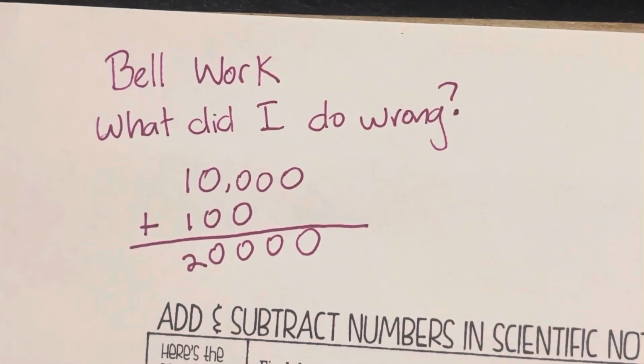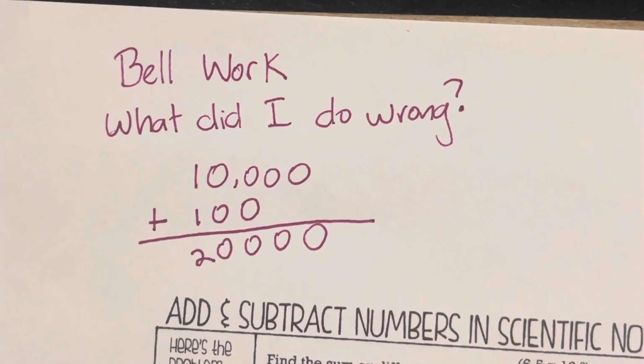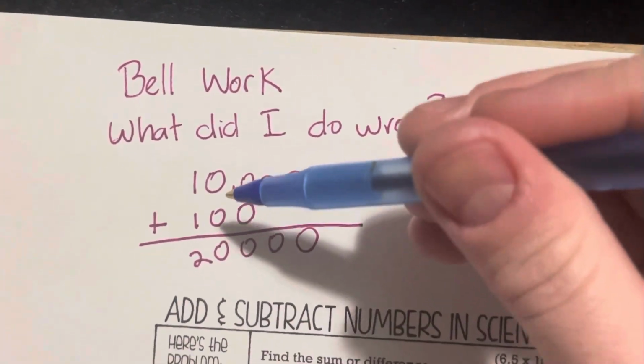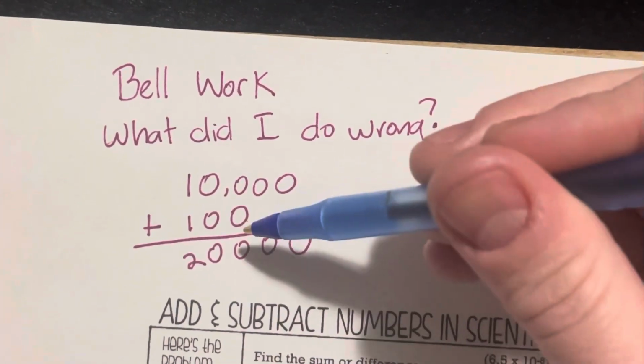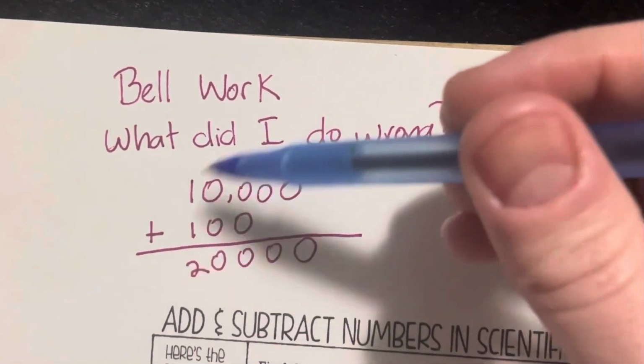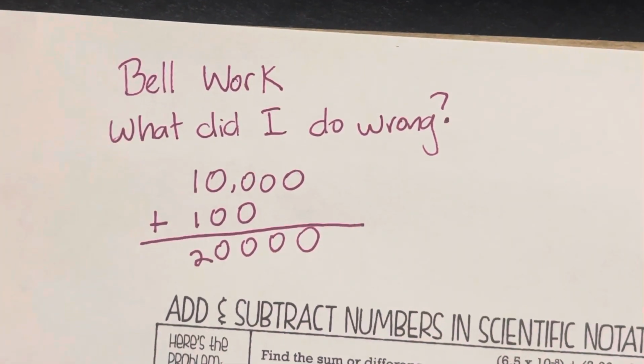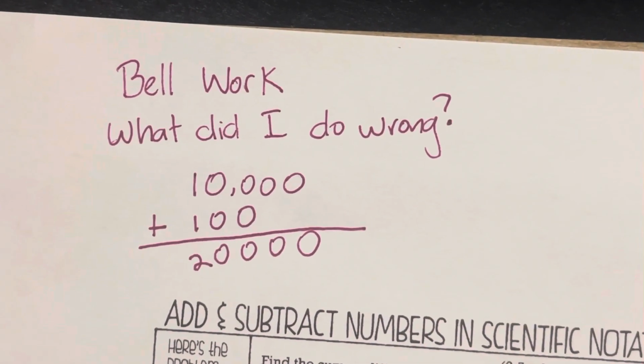Hi, class. What I hope you noticed with your bell work was that this problem, when I added 10,000 plus 100, I accidentally added the places that were not the same place value.